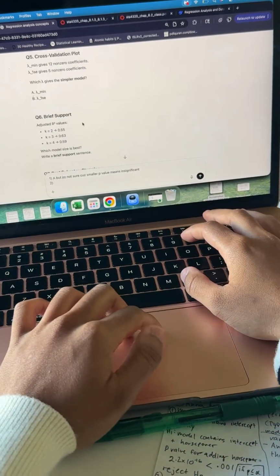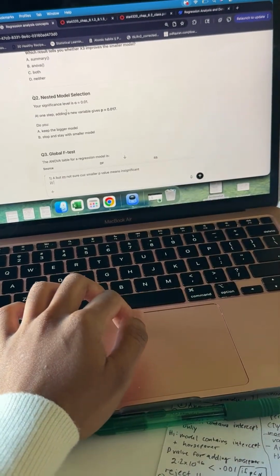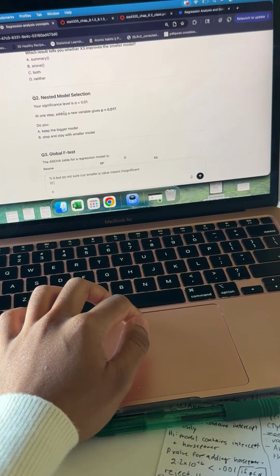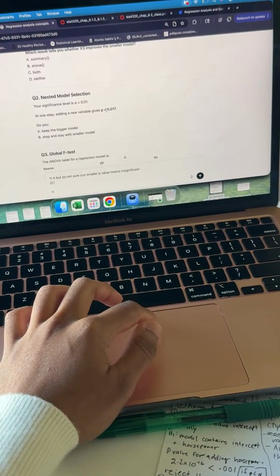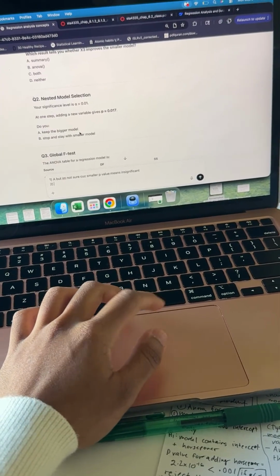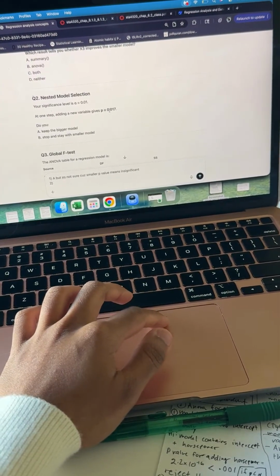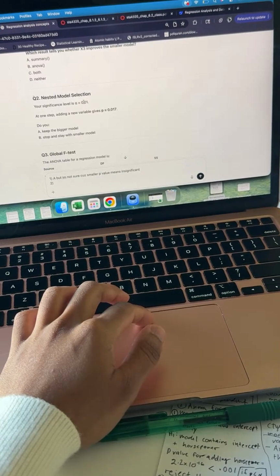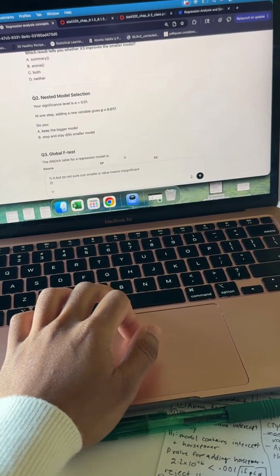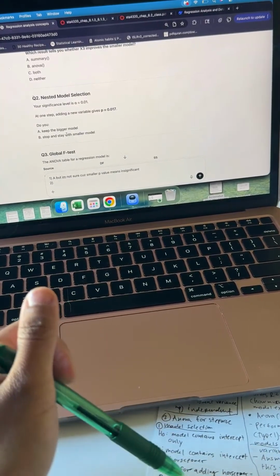Okay, question number 2. Nested model selection. Your significance level is alpha equals 0.01. At one step, adding a new variable gives a p-value of 0.017. Do you keep the bigger model or stop and stay with the smaller model? Well, it is bigger than alpha. I think you should stop then. Let's see.